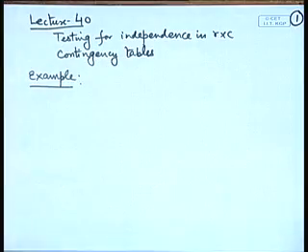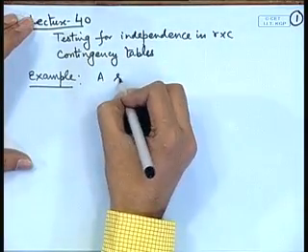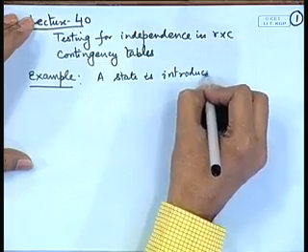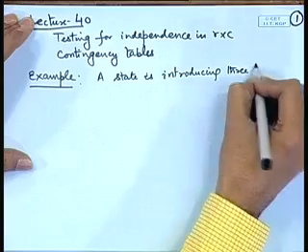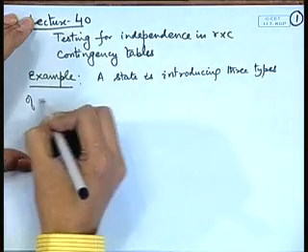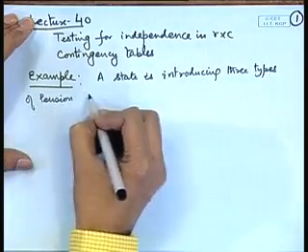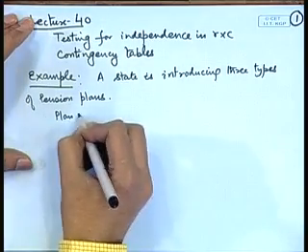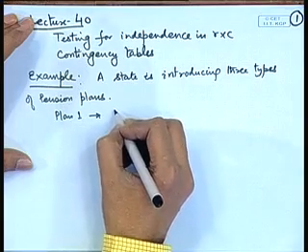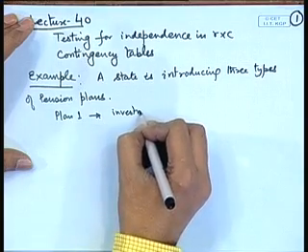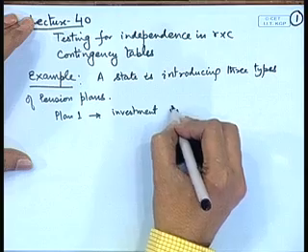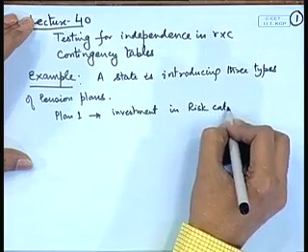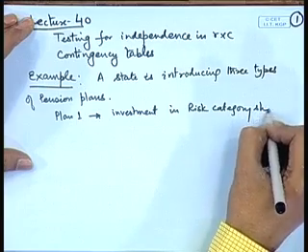So the problem is posed as follows. A state is introducing three types of pension plans. In plan 1, the investment of the pension fund will be in risk category shares.